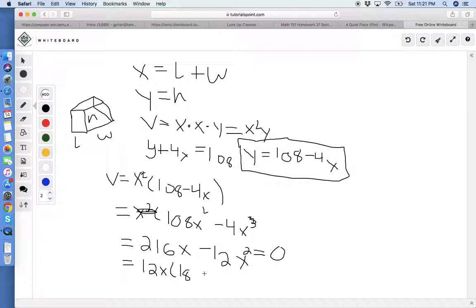And of course, 12x divided by 12 leaves you with x. Equals 0. Alright, so from here we can see that our critical values, I'll abbreviate that as CV, are 18.